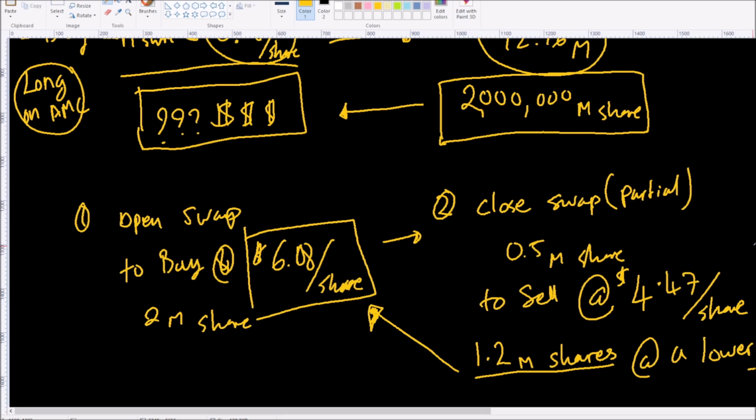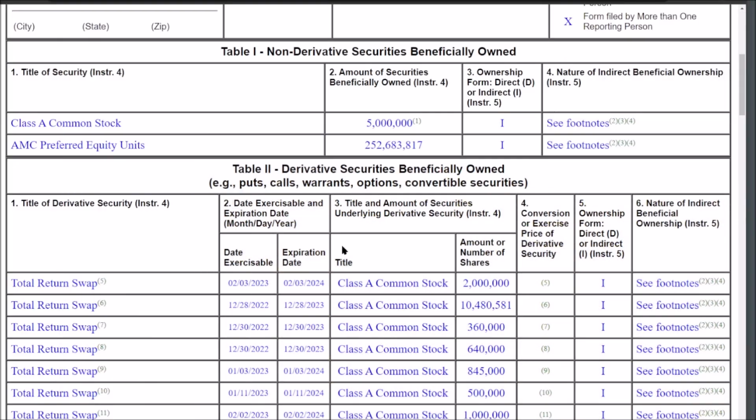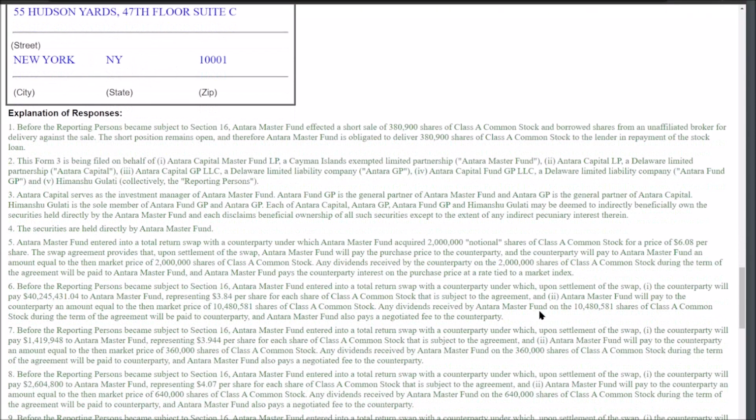Well, the motive is to drive the price down so that the company itself cannot go any further. And in turn, they would make money based on the bankruptcy of AMC, right? Just my speculation again, based on what I see here. I might be wrong, okay? So again, they bought at a high, but sell at a low.